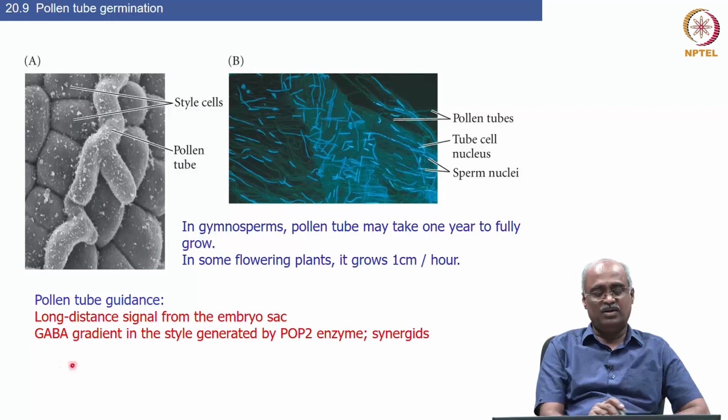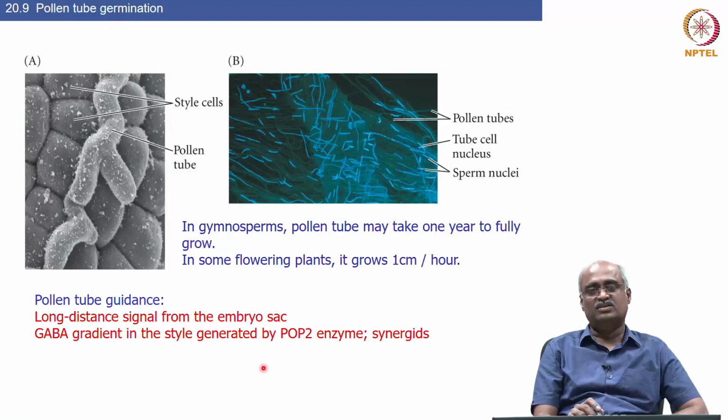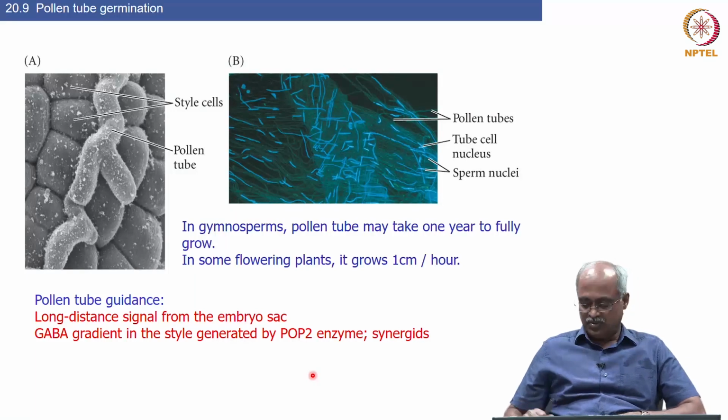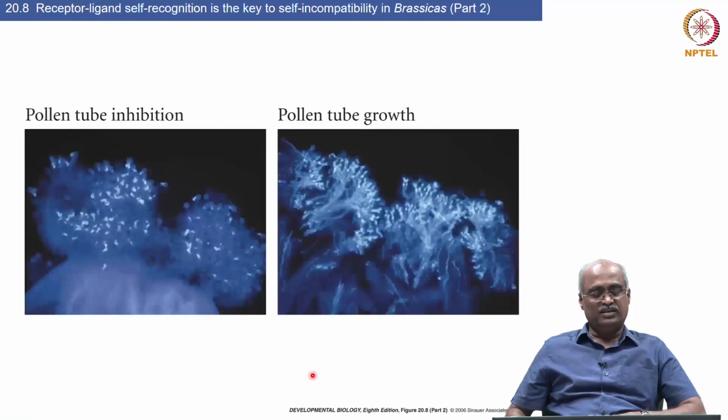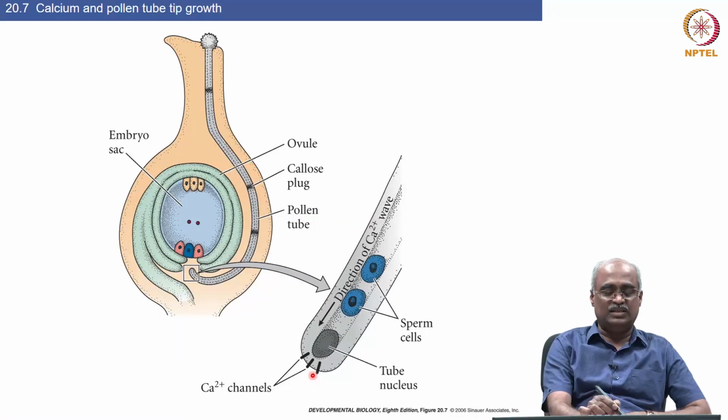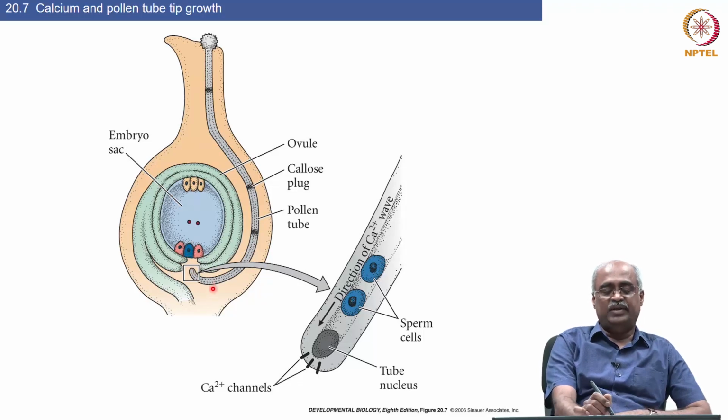And the GABA gradient in the style has also been shown to be important for successful pollen tube growth. And in addition, these 2 cells, the synergids, are also responsible for guiding the pollen tube to successfully go to the egg cell. And once it goes there, it delivers 2 sperm nuclei.